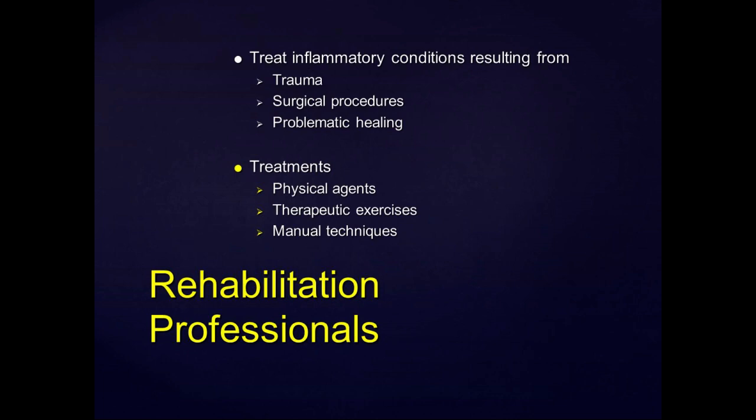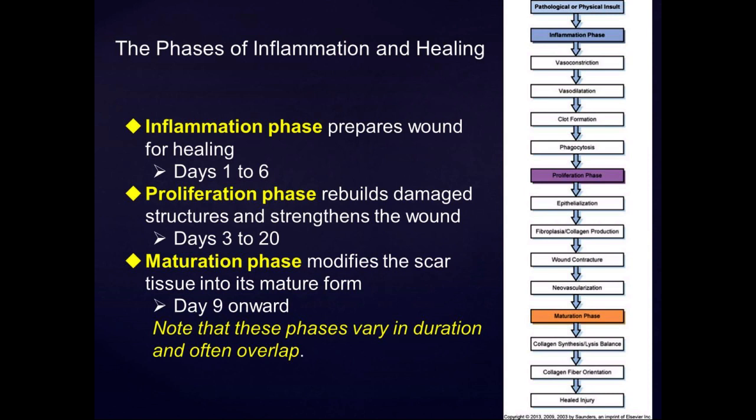Of course, next year you're going to have a manual therapy class where we're going to talk about even more specific manual techniques, and hopefully by then you'll have a really good base to build on and start expanding your vocabulary of manual techniques. So this is a picture from the book talking about the phases of inflammation and healing.